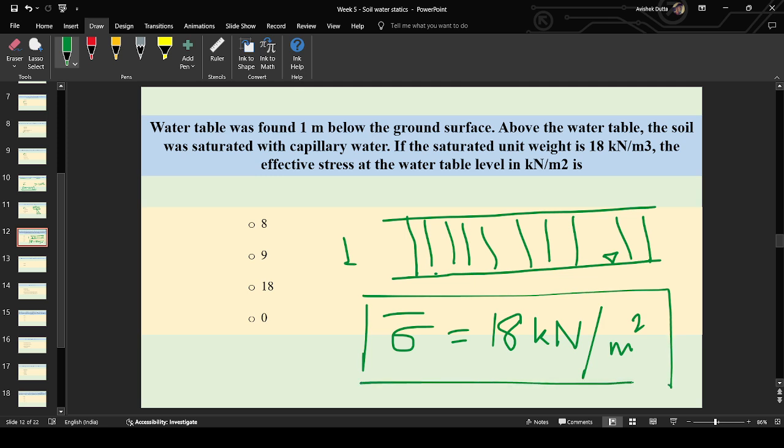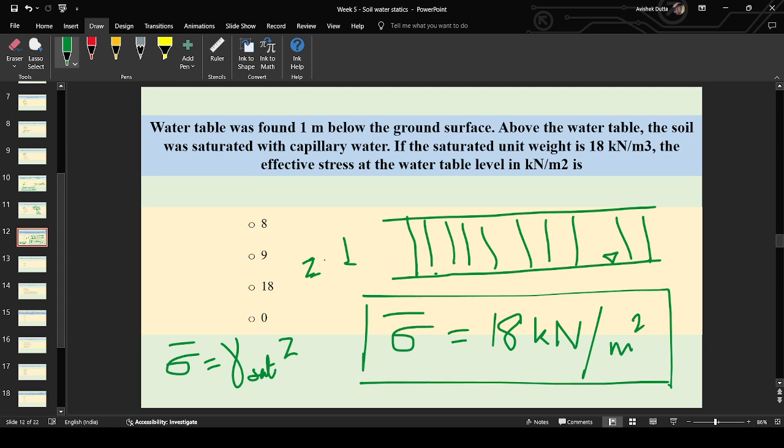Okay, effective stress only, because in this effective stress, rather than subtracting the water, we take the water into consideration and we write it like gamma sat into z. Z equals 1 over here.